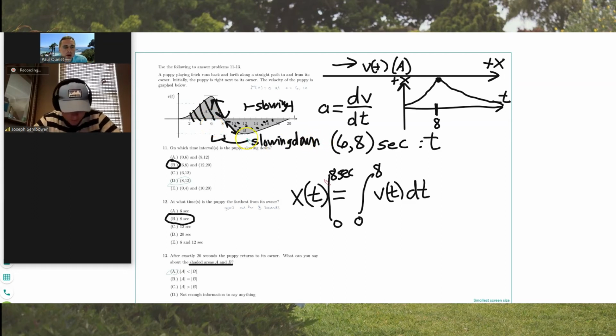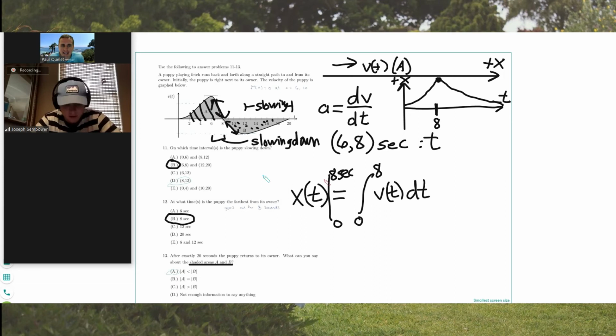So the reason I bring this up is because notice that a bunch of region B is going to cancel out region A as it relates to how far the dog is away from the owner. In other words, even if, let's say, region B is larger than region A, a bunch of that period of time where the dog runs back might bring the dog back to the owner, and then the dog might run past the owner back to the left, just a little bit, but probably not too much.